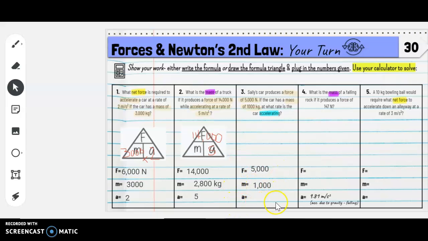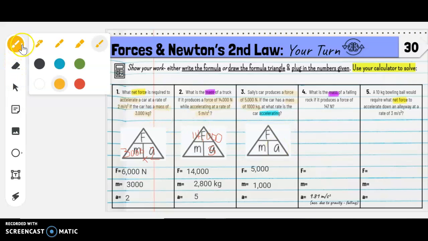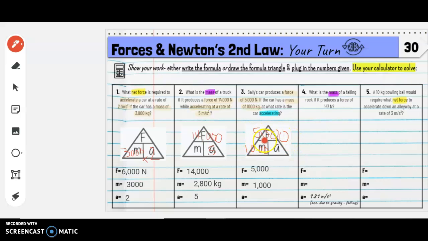So to solve for the acceleration, we'll use our formula triangle, plug in what we know, and we're looking for the A. So F is 5,000. M is 1,000. And since that F is over the M, the operation we're going to do is divide.